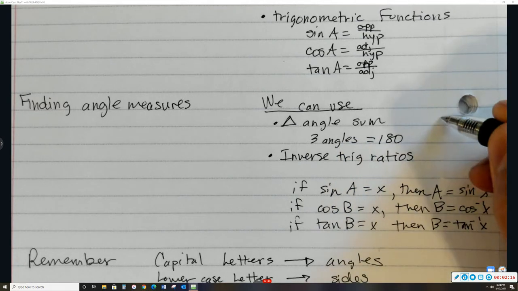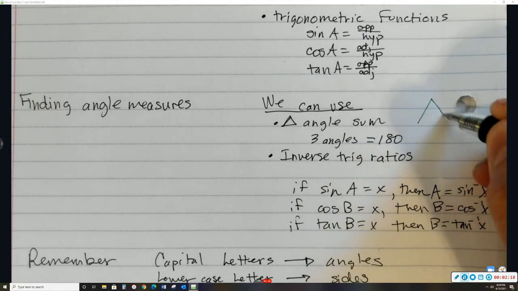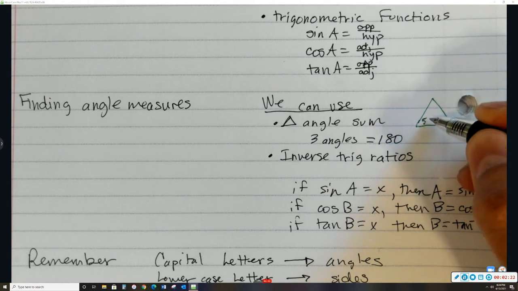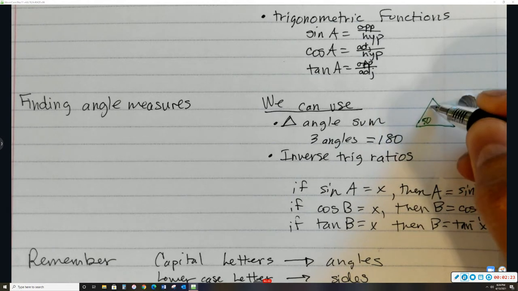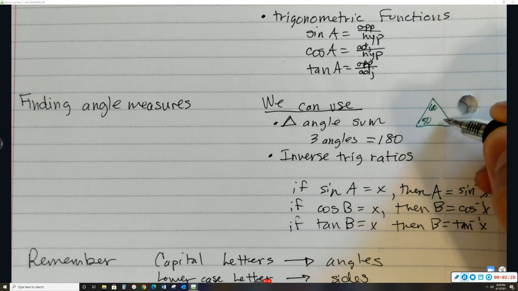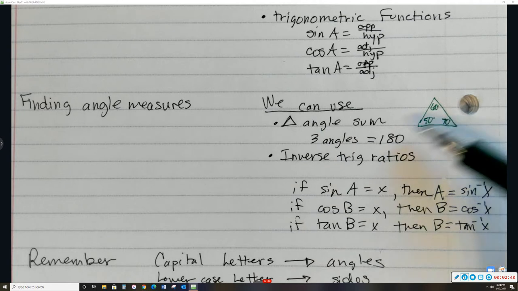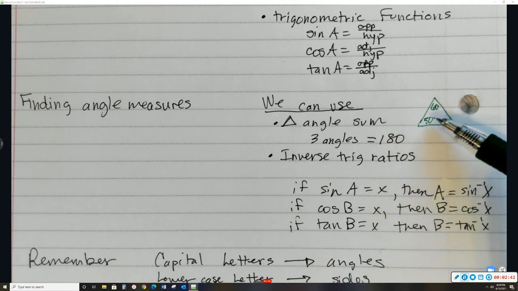Say I have a triangle where one angle is 50 and another is 60. That's 110, so the last one would have to be 70, because together they add up to 180. We can use that to find missing angle measures.